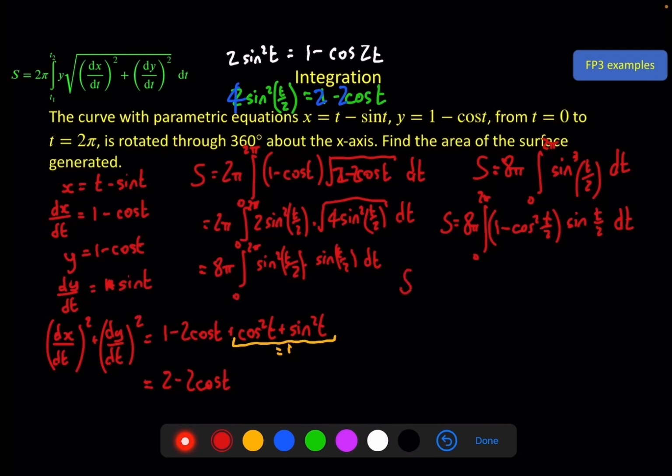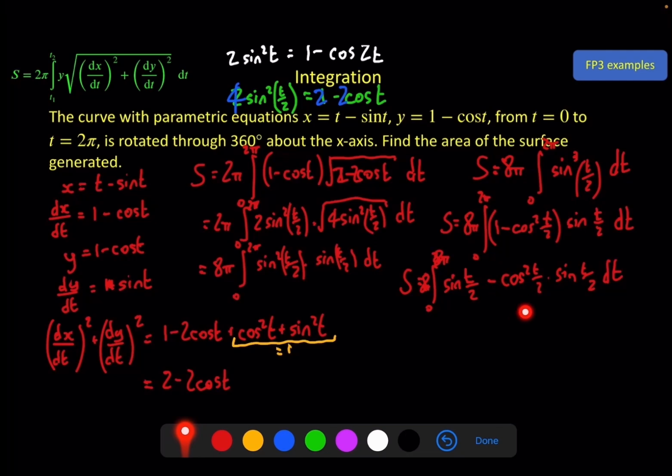Why do we do that? Because when we multiply that out, we get a sine t by 2, which we can integrate directly, and a minus cos squared t by 2 times sine t by 2, which we can also integrate directly, because this is a bracketed power, or a powered bracket, times by its own derivative.